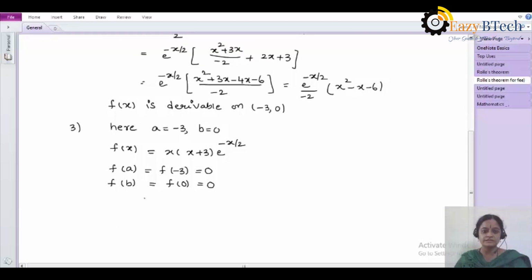So what we know here is that f of a is equal to f of b. So now observe here, the three conditions are satisfied for this problem: continuous condition, derivability condition, and f of a is equal to f of b condition.